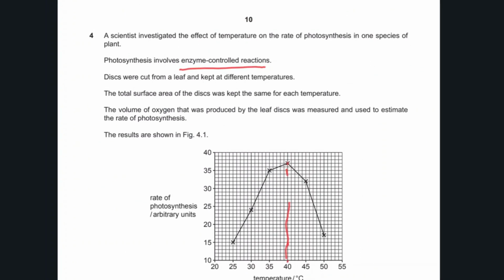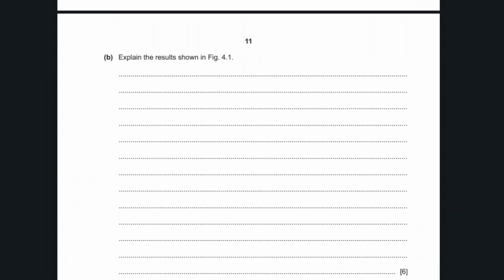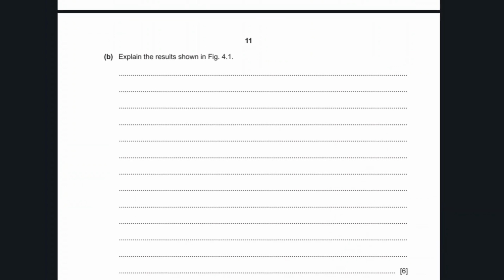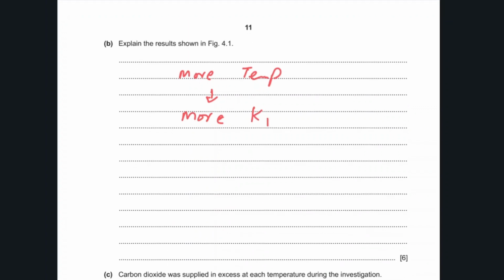If you say that from 20, 25 to 40 the rate of photosynthesis is increasing, then you have to mention the reason why. The reason is that you are increasing the temperature, so more temperature means more kinetic energy.